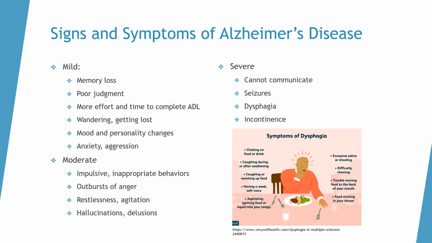And then finally, in severe phase, the autonomous functions of the brain starts getting affected as well, such as dysphagia, inability to swallow, and incontinence, where urine and defecation can occur without conscious command.